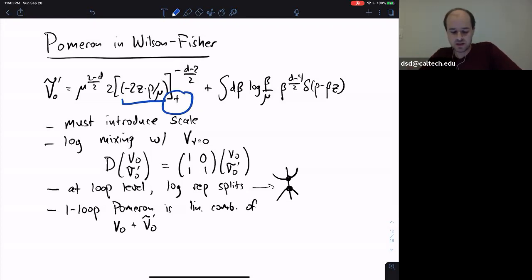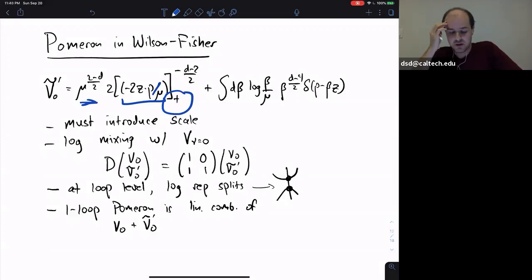And what that means is that if we just take this thing and replace it with the plus distribution, it doesn't make sense with dimensional analysis. So to make dimensional analysis make sense, we need to stick in a mu, a scale. So we stick in a 1 over mu here and the power of mu up front. That's good. Now we have something that makes sense under dimensional analysis.